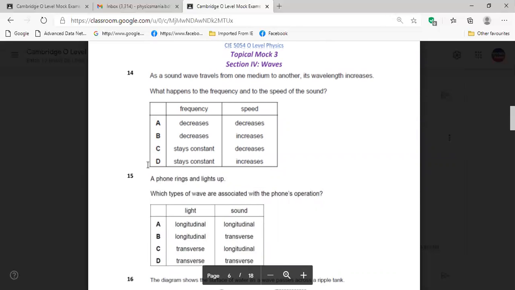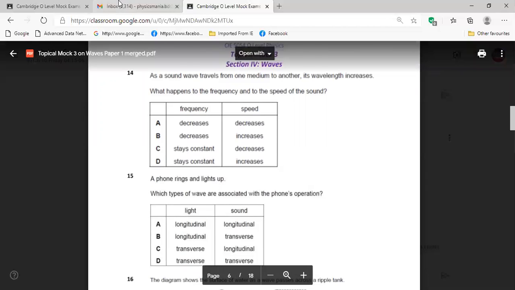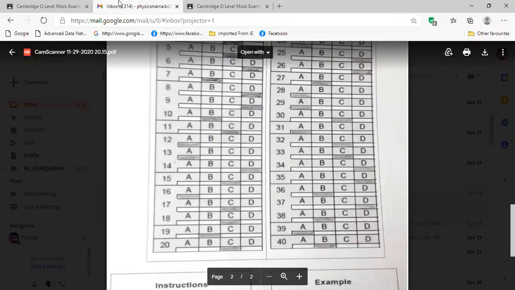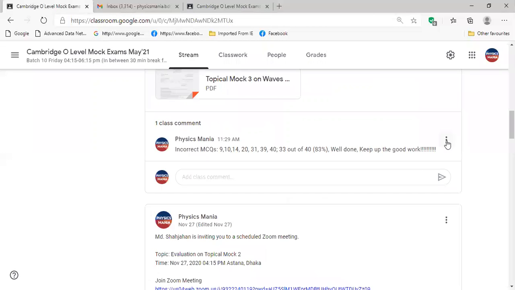And they say wavelength increases, right? So speed should increase, right? You gave Dhaka. Let me check again. 14. So then your answer is correct. Then you'll get another mark.